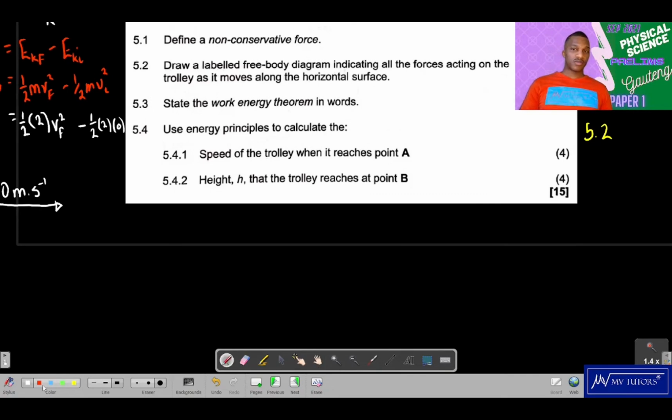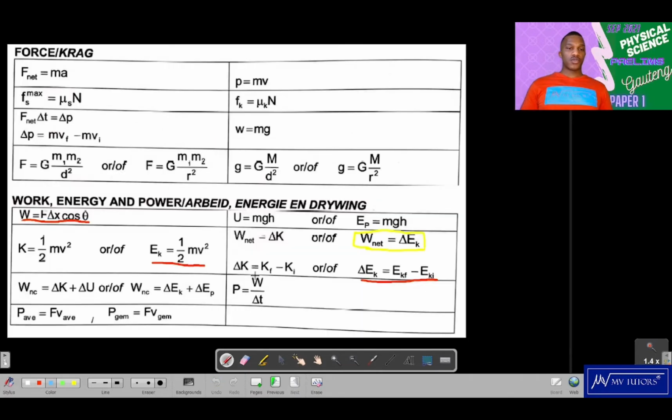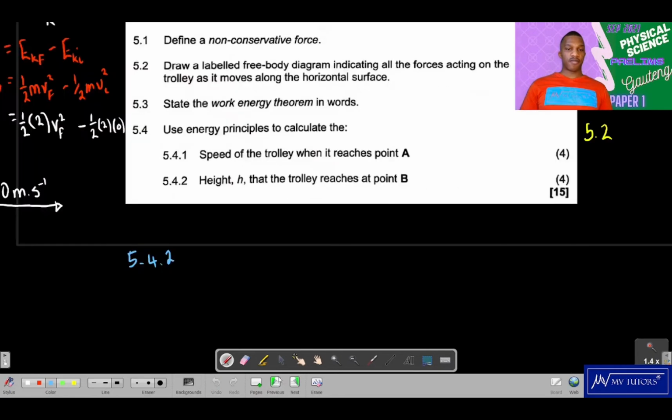So let us do this. We'll do it in B. We're doing 5.4.2. Okay, so now let's go to our formula sheet to see which formula we are going to pick. Well, the one that we have to pick at this point is this one that includes friction. So let's start by writing that down and then we'll take it from there.